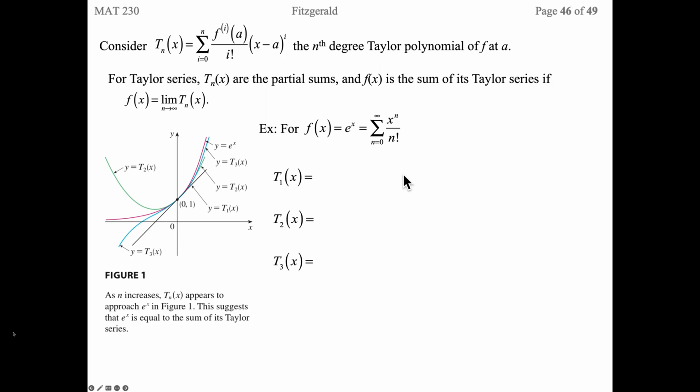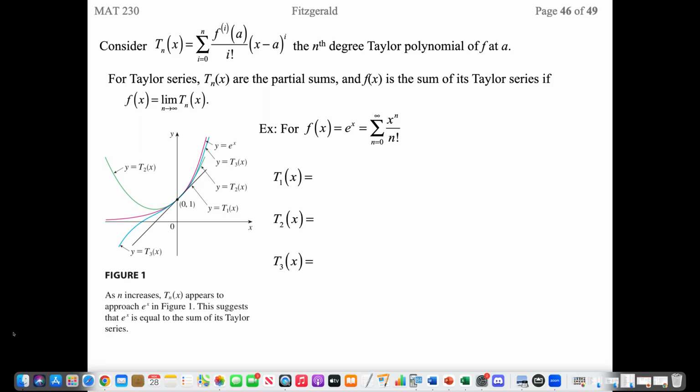So for example, if we look at our f of x, which is e to the x equals the summation of n equals 0 to infinity of x to the n over n factorial, let's start to find some of our sums here.